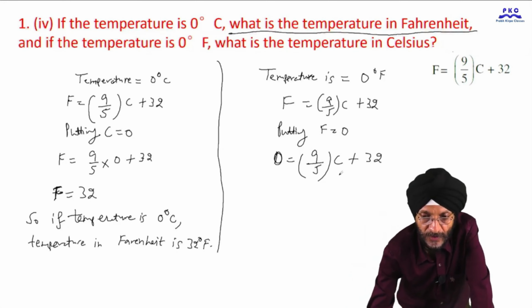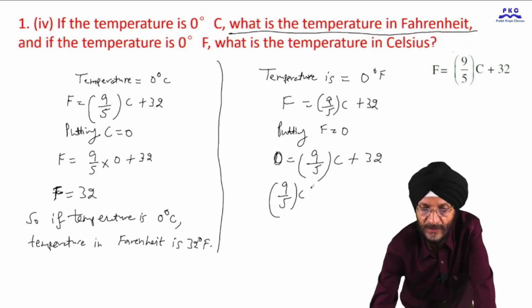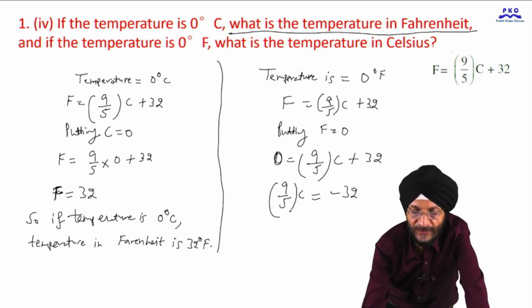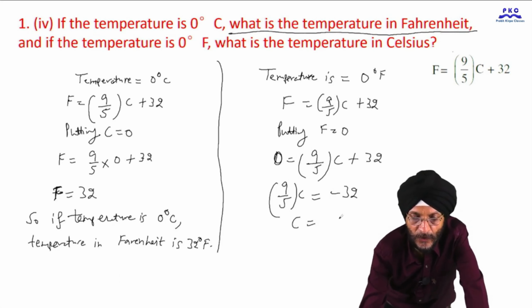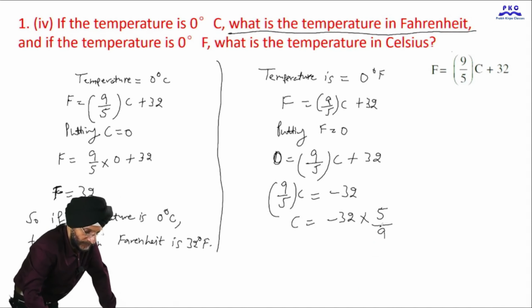Now we can rewrite it as 9/5 C is equal to minus 32, because 32 will go to the other side. So now what will happen? C is equal to minus 32 into 5 will go to the upper side and 9 will go to the lower side.